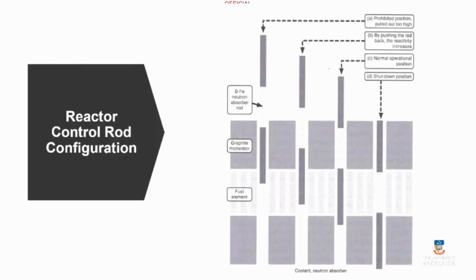Just a bit more on the physics. What we have here, the dark grey, is the graphite. This here is the fuel part of the reactor. Just think of these as the fuel rods containing the uranium. These are the absorbers. So when I want to shut down the reactor, I push these rods into this place.